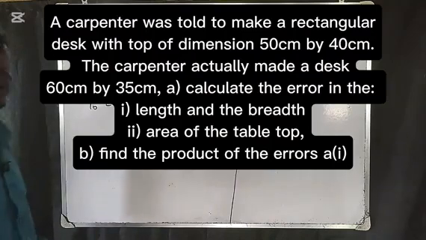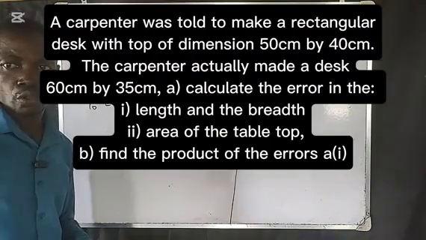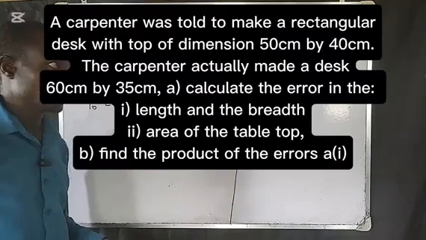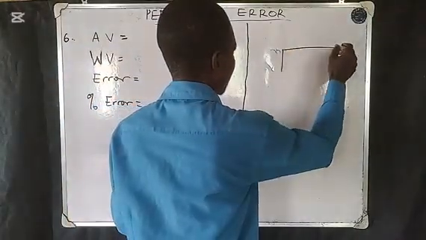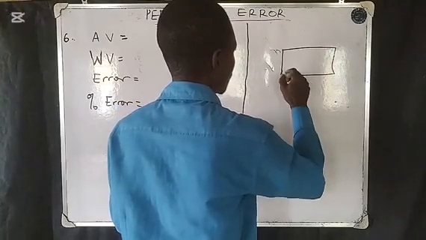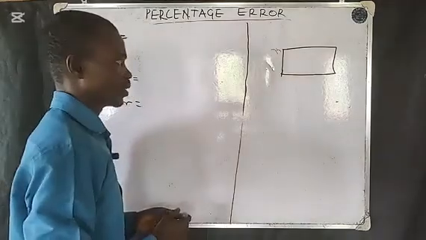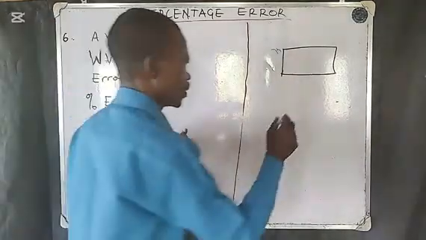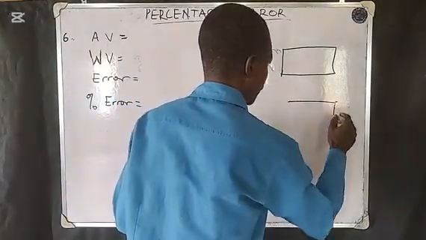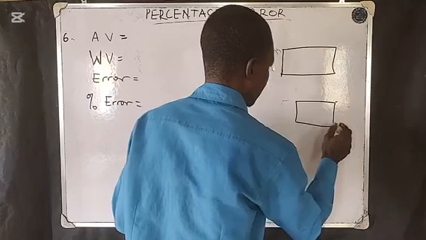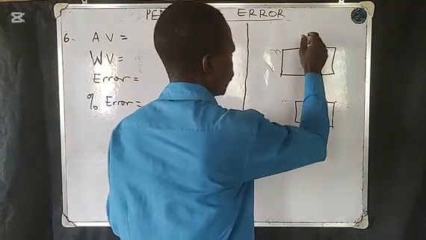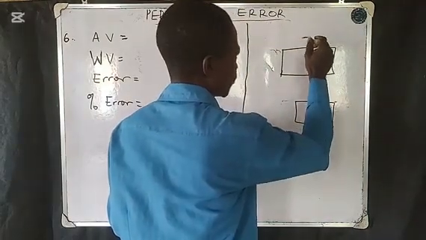To make a rectangle desk, Abi. A rectangle desk. It was told to make something like this. A rectangle desk, right? With a dimension of 50 centimeters by what? 40.